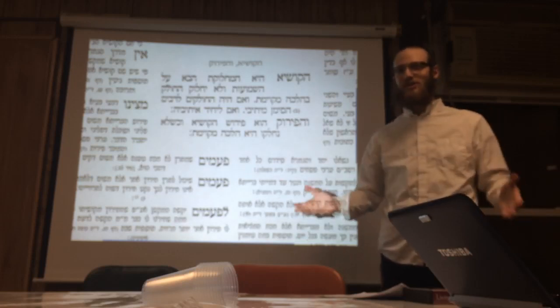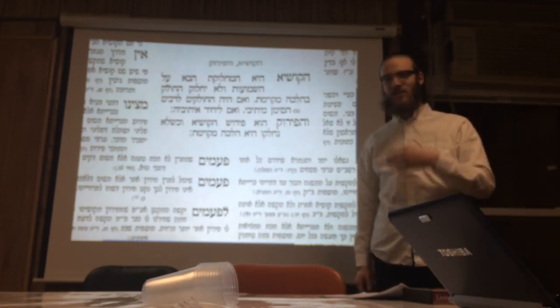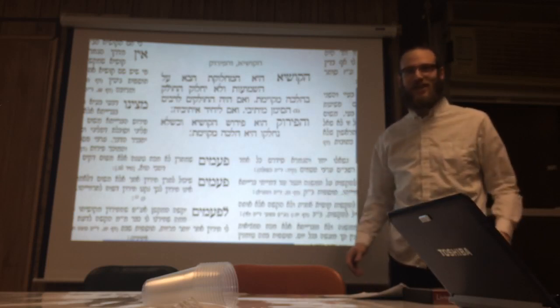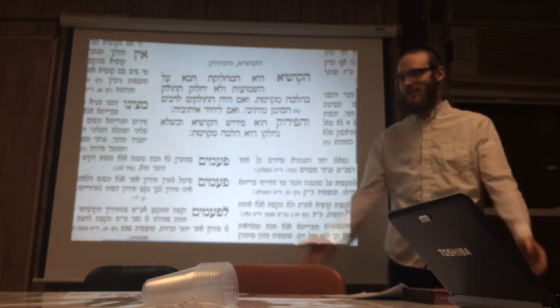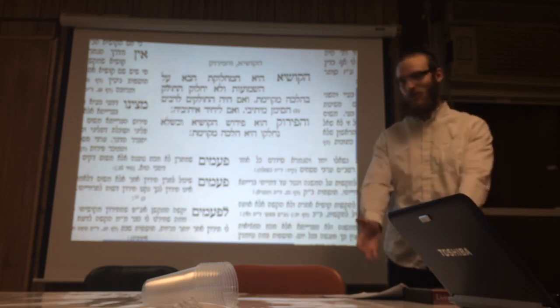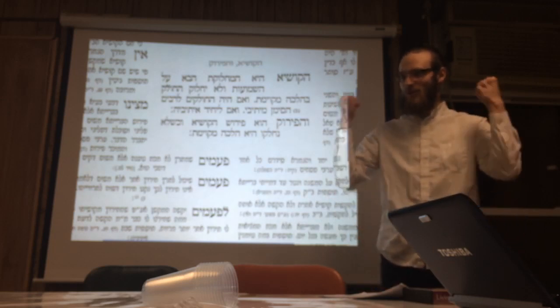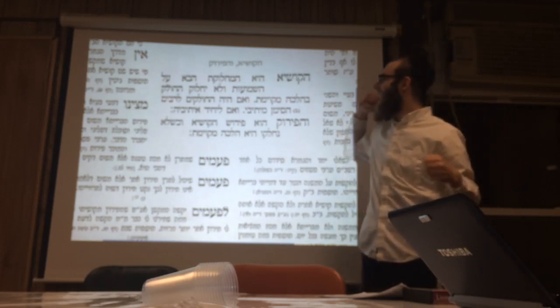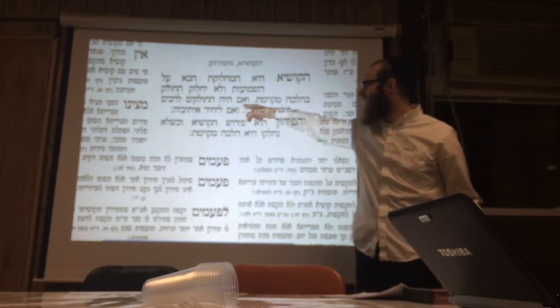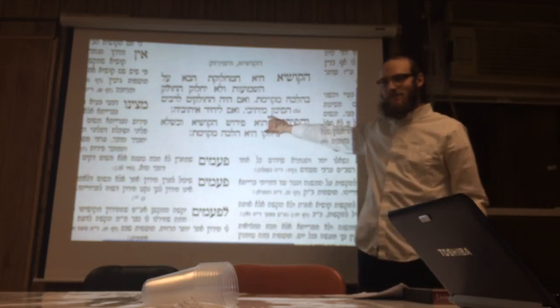So this is where I always use that mashal of, imagine two friends working out in the gym, and one of them sits a weight on top of the other person. Why does he sit a weight on top of him? He sits a weight on top of him so he'll lift it off and become stronger from it. Just so too, the siman for that is meisvei.